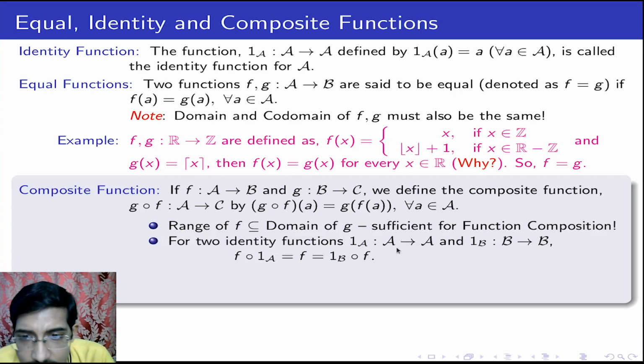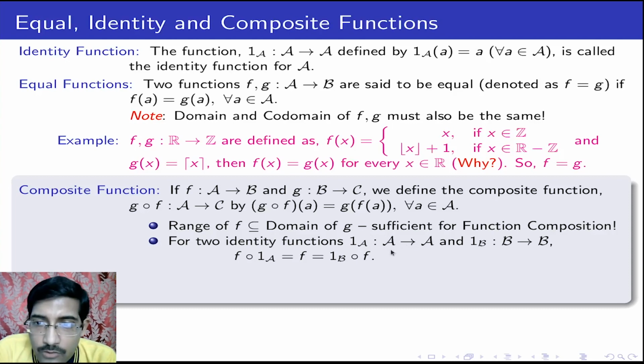Consider the identity functions, which, if you remember, give back the same value you put in for association; each element just maps to itself. So I_A is an identity function from A to A and I_B is an identity function from B to B. Then we say that f composed with I_A is equal to f, because I_A of a will give you back a, which gives f(a). Likewise, I_B over f: f(a) is from B, given to I_B, gives you back the same f(a). So whether you compose the identity function first and then f, or f first and then the identity function, you get the same function.